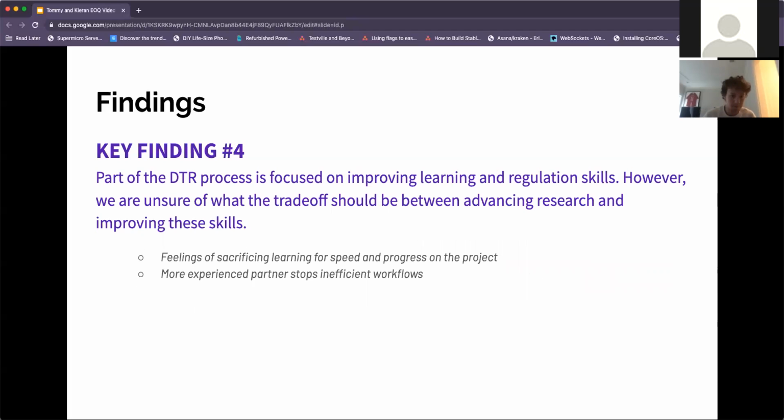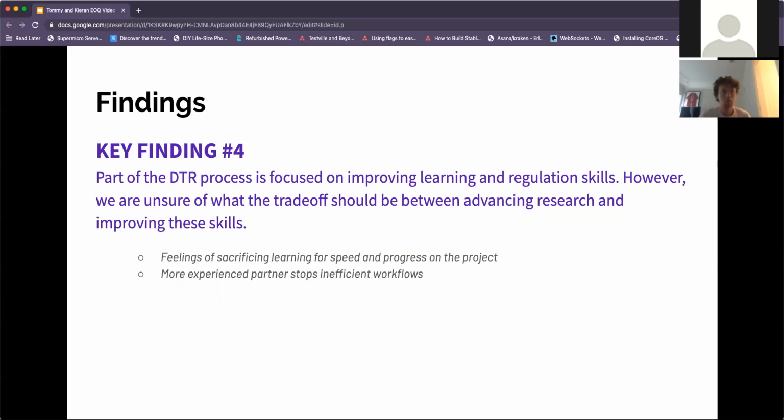This is an important key finding: while DTR is benefited by being focused on improving learning and regulation skills and research skills, there is often a trade-off.